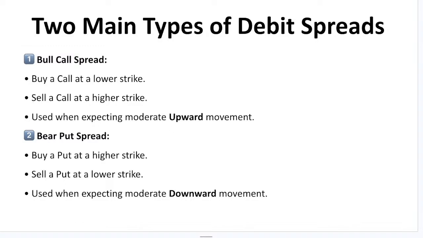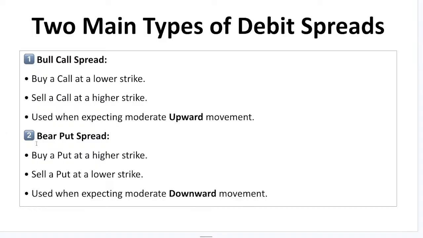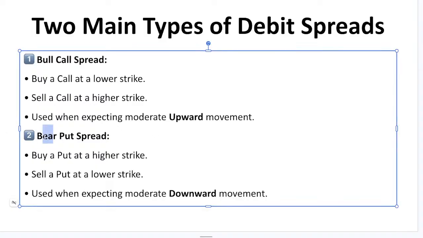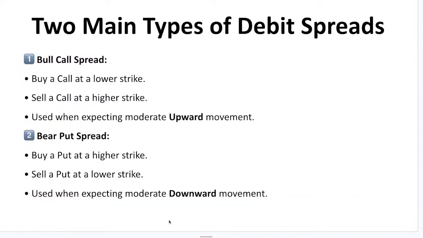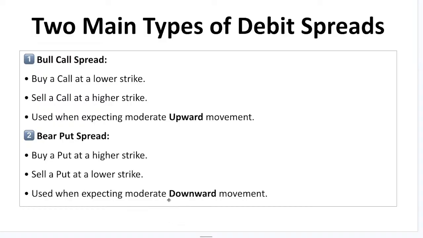So, the bear put spread. What do you mean by bear put spread? From the name of it, it's downside, right? Bull means up, bear means down. A bear put spread means to buy a put at a higher strike and sell a put at a lower strike. So just inverse of how we create a bandwidth.